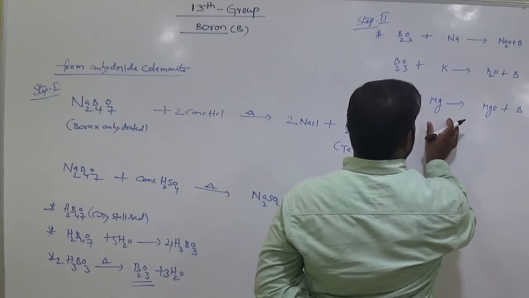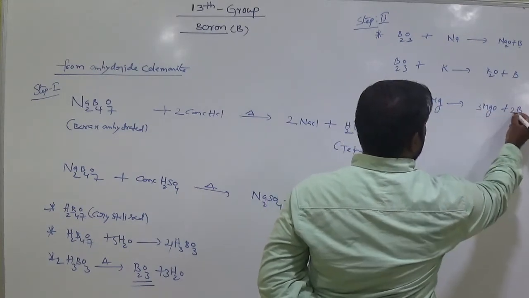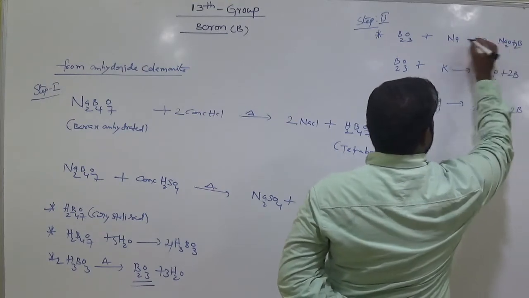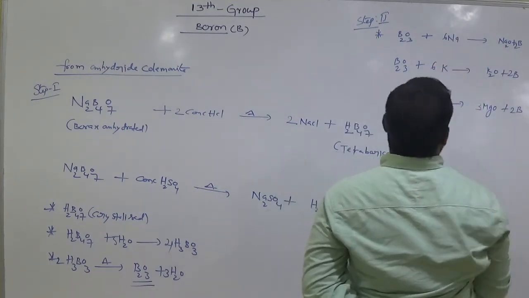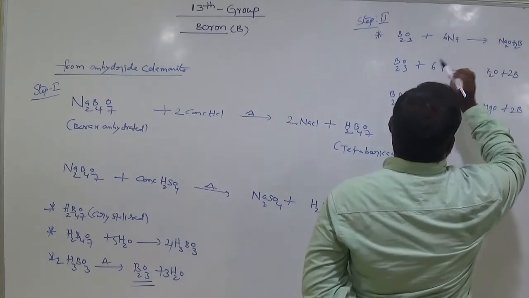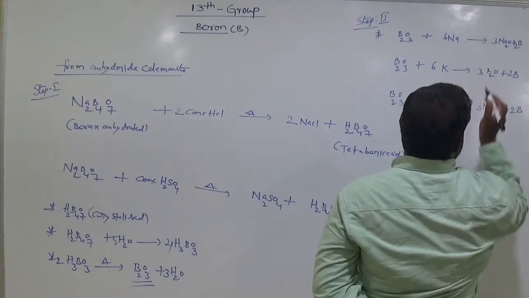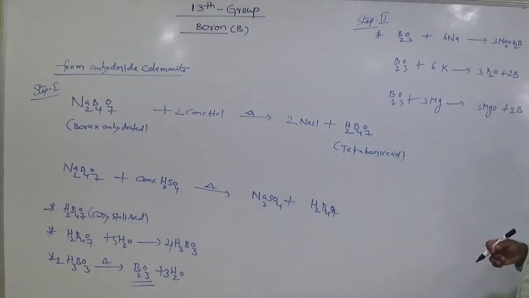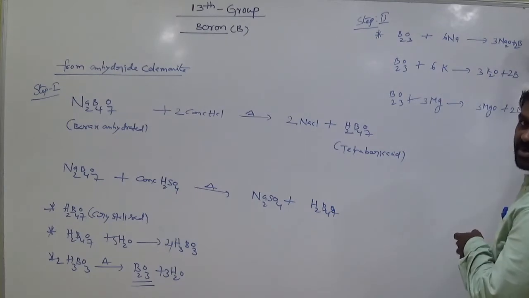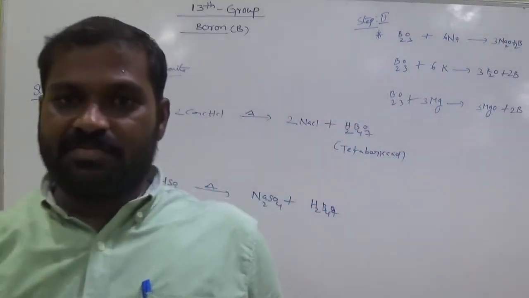Let's see, here B2O3, oxygens 3 and 3, here 2 borons, here 2, here 6 and 6. And here 3 and 3, so 6 sodiums. Clear? 6 sodiums here. Okay, students. Is it clear?